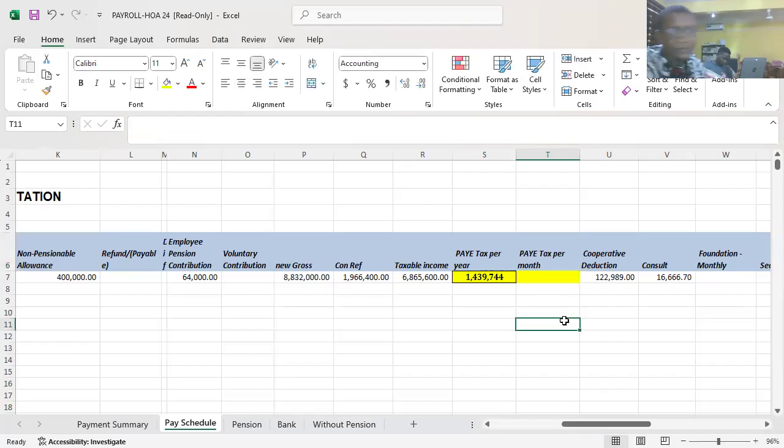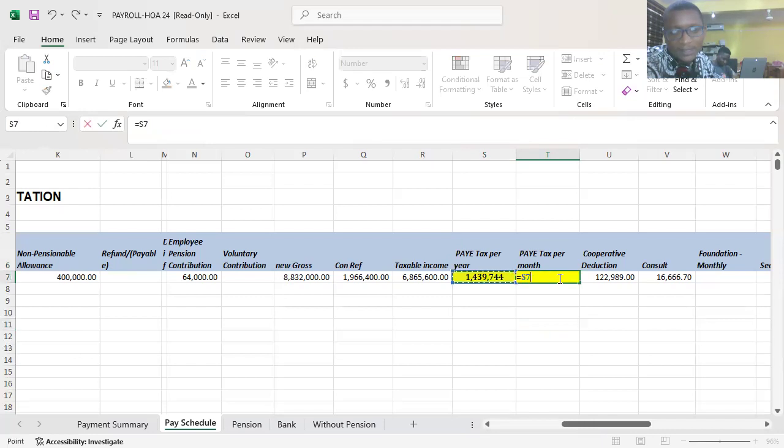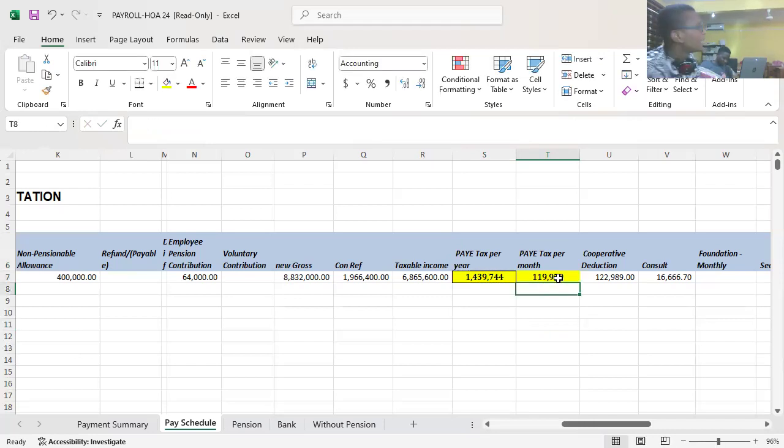For us to get tax per month, we are going to say this divided by 12. It means the person that is collecting 800,000 per month will be paying 119 as tax per month.